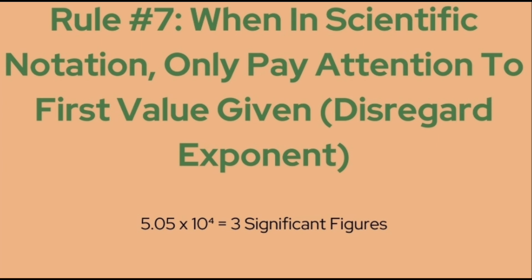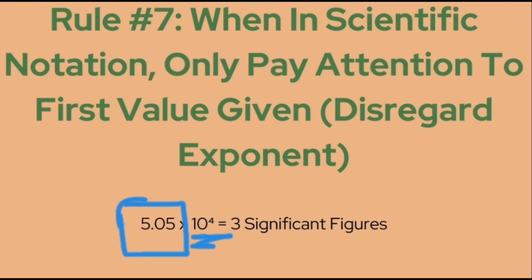The 7th and final rule regarding significant figures, and in this video counting significant figures, is that when a measurement is in scientific notation, only pay attention to the first value given and disregard the exponent at the end. What I'm saying to disregard is this 10 to the 4th right here. All you need to worry about is this first number, 5.05.